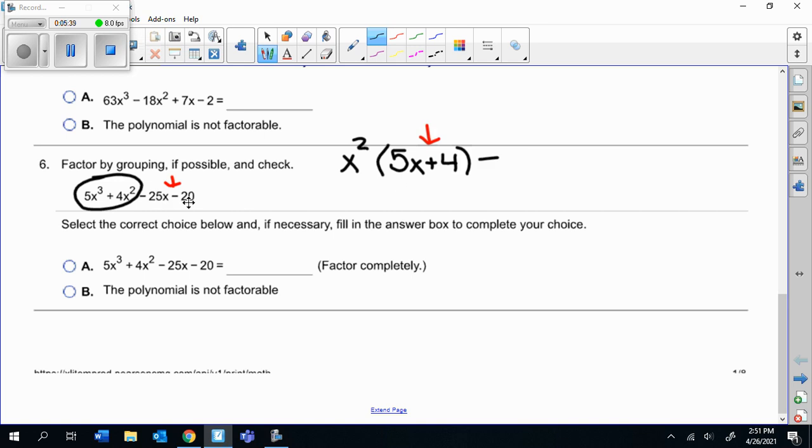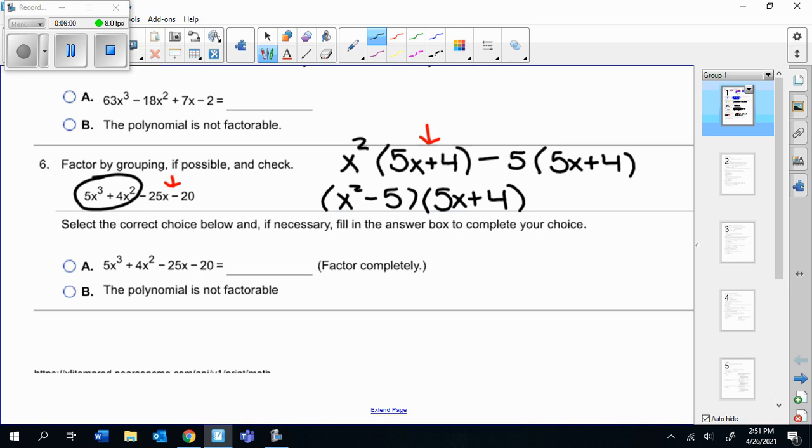Between 25 and 20, both are divisible by 5, so I'm left with 5x plus 4. And so x squared minus 5 becomes its own thing, and then 5x plus 4. And that's it for the first page.